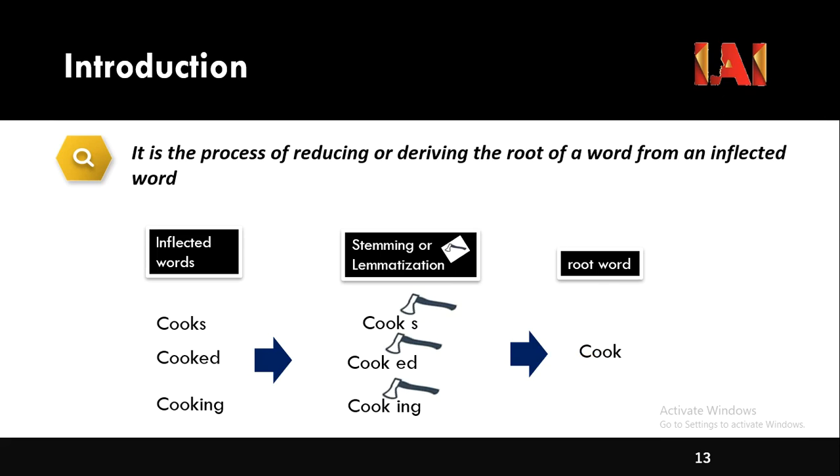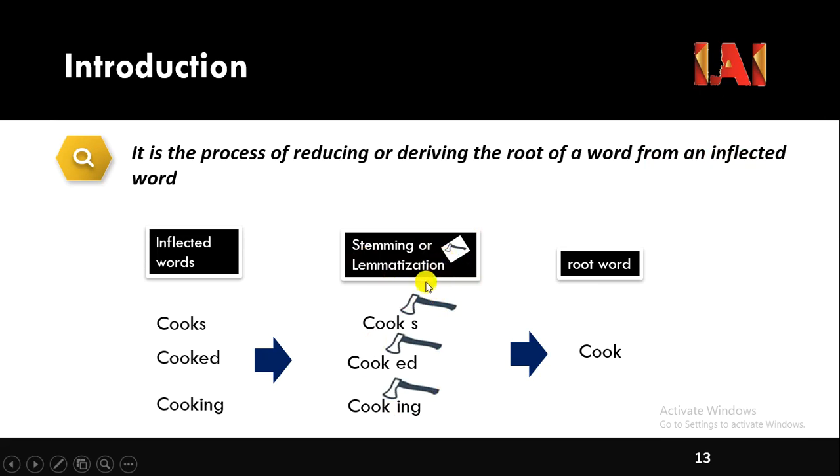So both stemming and lemmatization are more or less the same. When you apply stemming, it simply chops off the suffixes, and when we apply lemmatization, it not only performs the word reduction, but also returns the dictionary form of the word. That is the beauty of lemmatization.